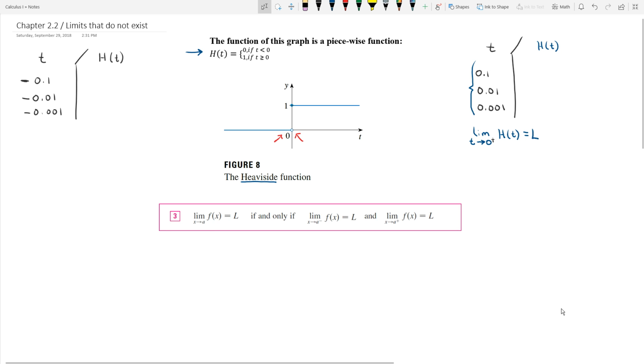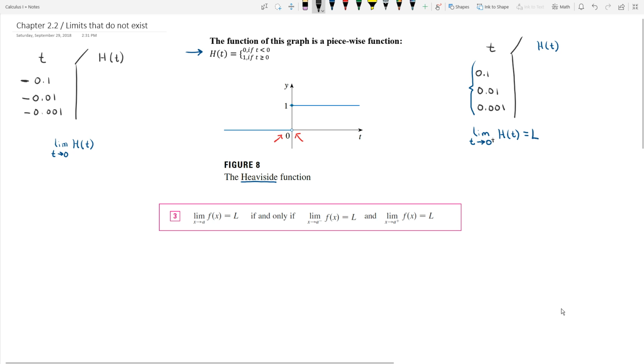And we would notate it, again, as the limit of, and state the function, h of t, for t approaching the value 0.